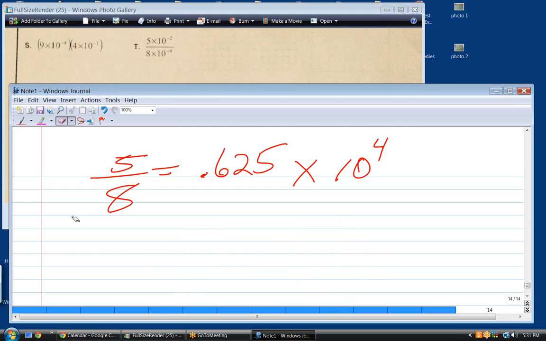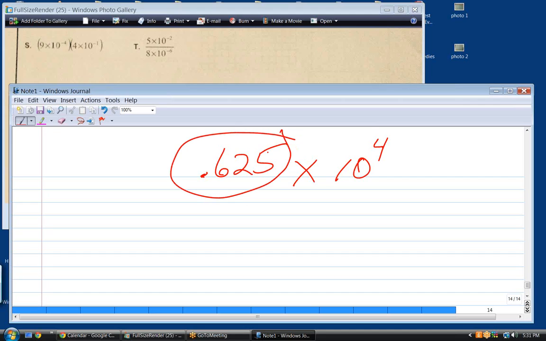Now we got to convert it to scientific notation. What's the first thing that's required? This thing has to be between what and what? 1 and 10. So what do we have to do to that decimal point? So it would become 6.25.